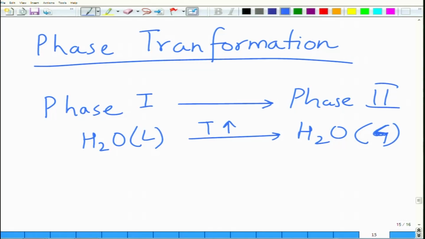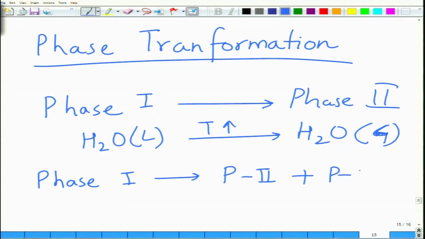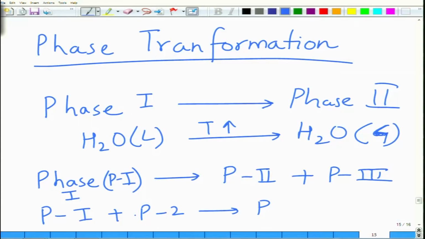So you can have transformation of phase 1 to phase 2, or phase 1 to phase 2 and phase 3, and so on and so forth. Let us say this is P1 transforming to P2 and P3. So you can have a variety of possibilities. Another possibility could be P1 plus P2, two phases present, under some transformation condition.